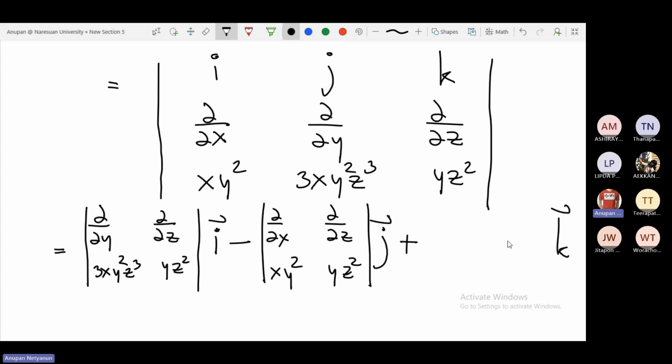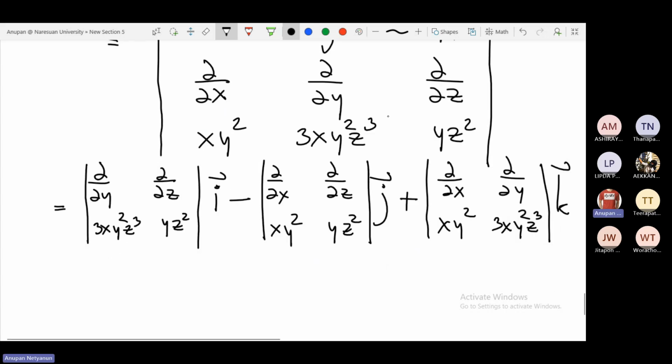If you want to know the coefficients of K, close the column that has K and row K. You are left with this group here, which is partial by partial x, xy squared, partial by partial y, and then 3xy squared z cubed.